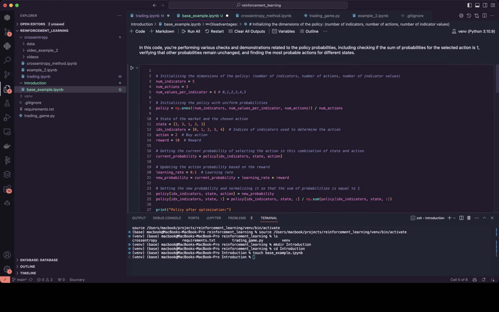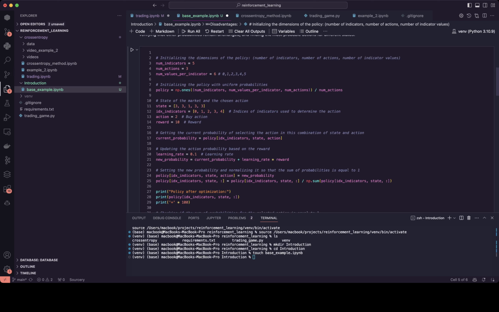And there I would like to create some state. For example, it would be 5 indicators like RCI, moving average, MACD, and some other indicators with volume, and they would be categorical values. And there I define the index of these indicators, so 5 indexes. And what are the actions? For example, 2, and for example, some reward.